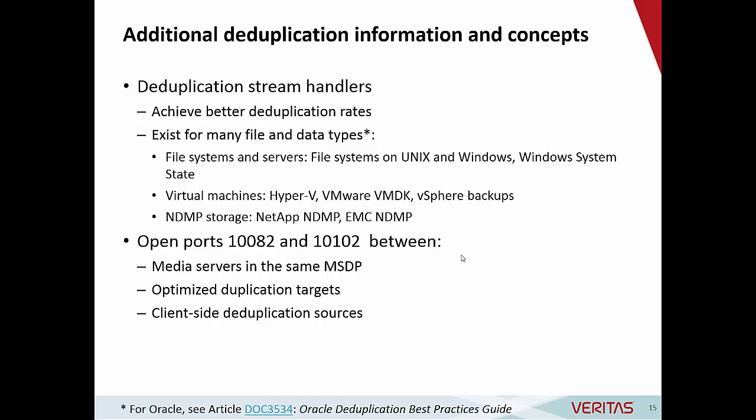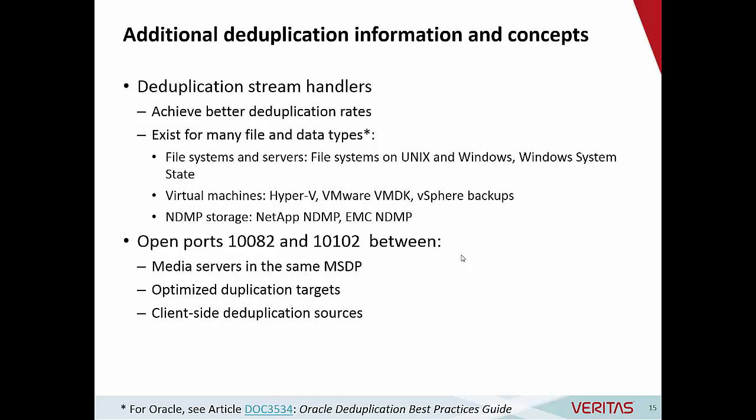Unrelated to stream handlers, the second point on the slide here, there's some additional port usage when you have dedupe functions. If you have media server load balancing, optimized duplication, replication, or client dedupe, those are functions that use PureDisk ports, 10082 and 10102.